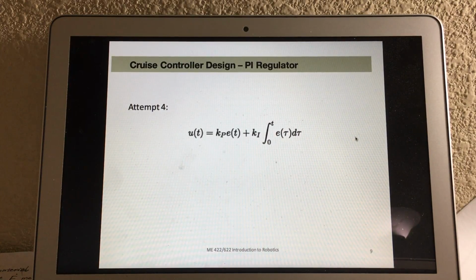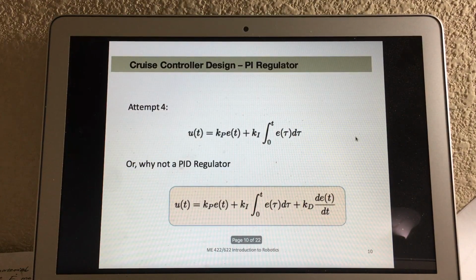Exactly. You can hit the gas pedal. You can also hit the brake. It's changing as time goes by. So here I still have the KE part, but I also have the K times an integral of the error part.